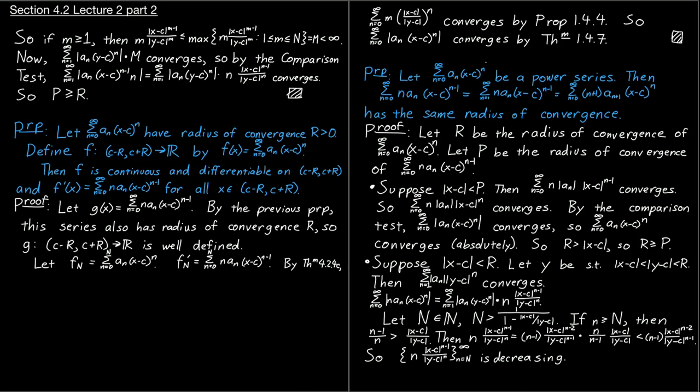This is the theorem that says that power series not only converge absolutely, but also converge uniformly. Then f n prime, it's a partial sum of the power series for g, so f n prime converges uniformly to g on this little interval.